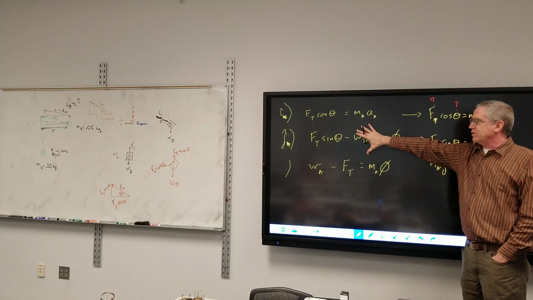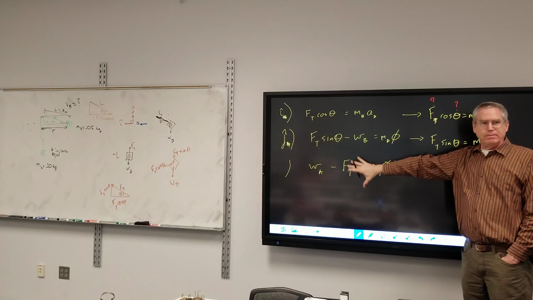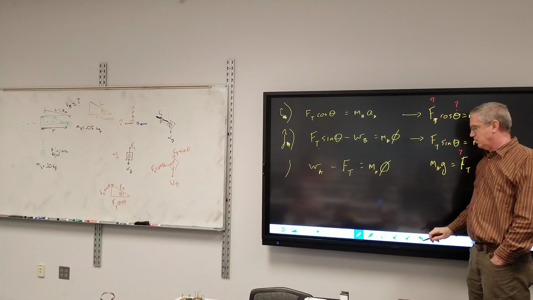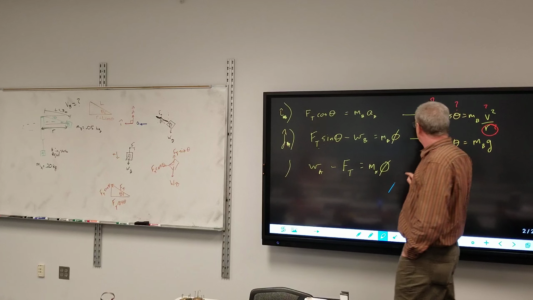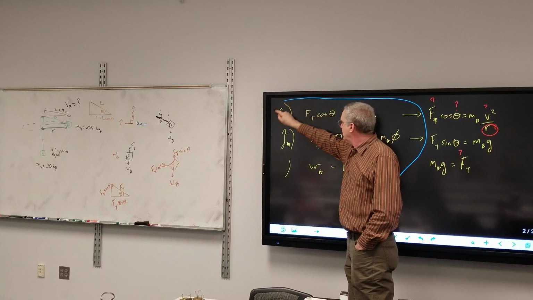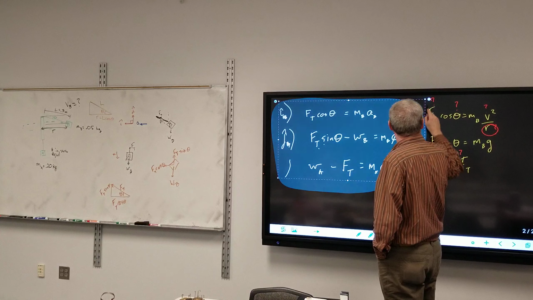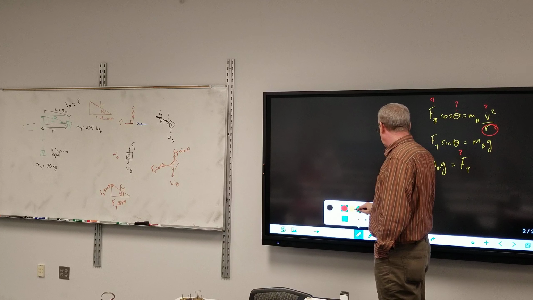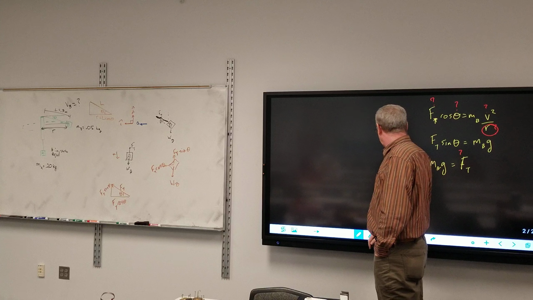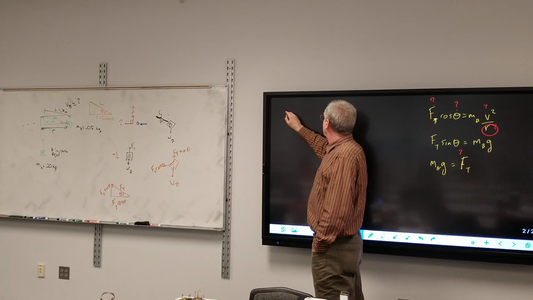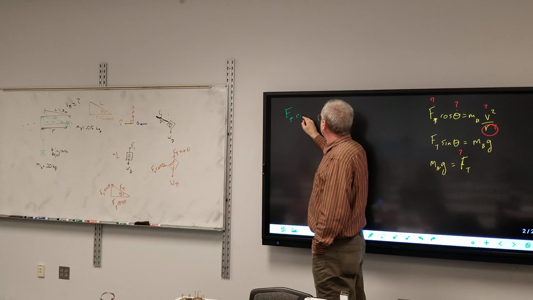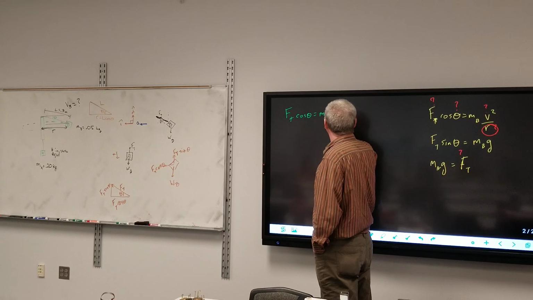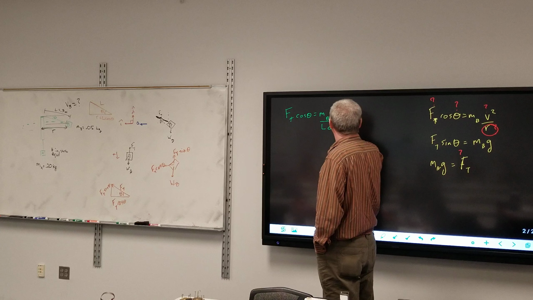I'm going to erase this for space. Anybody need these equations? So I have tension times the cosine of theta equals mb v squared over L cosine theta.